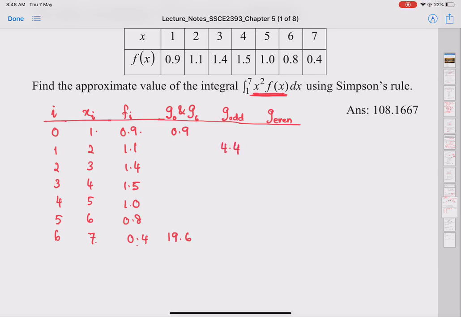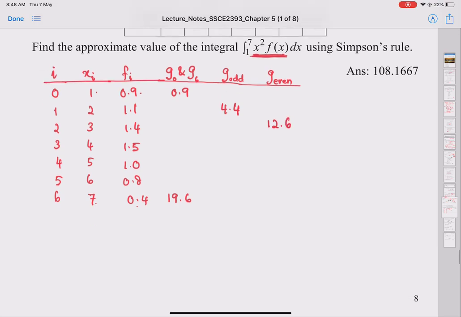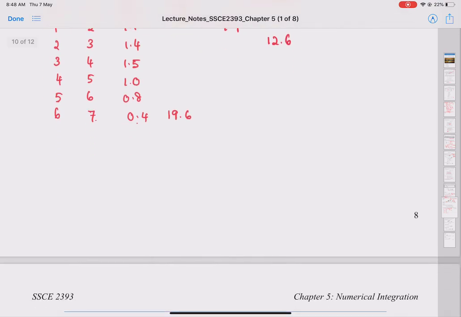And for the even, 9 multiplied by 1.4, you will get 12.6. And after that, you can evaluate this integral.